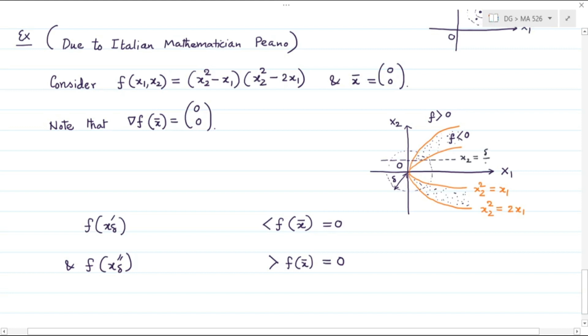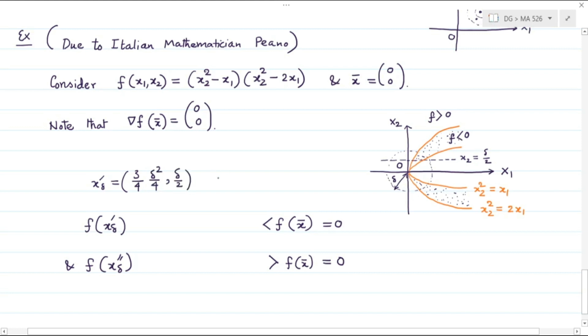Fine. And what could be a possible choice? I'm giving a precise value by taking x delta dash. You can choose some other value. I have chosen a particular one, 3 by 4 delta square by 4, and you take delta by 2.